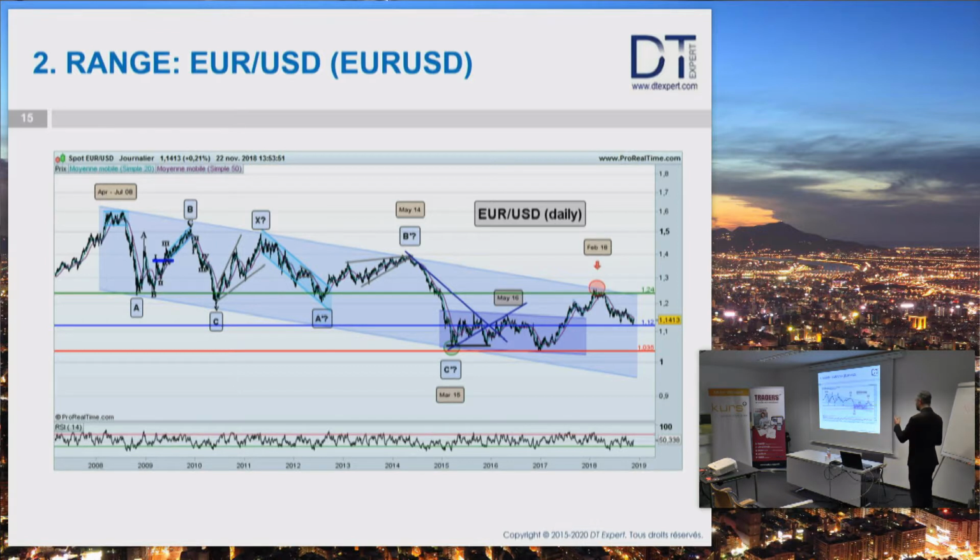And another time, when the euro was going up against the dollar, I was hearing around me, oh, now the Eurodollar is going to 1.4, 1.36 and everything, but the real resistance level was here around 1.25, 1.36, and it stopped exactly there, you see, and then it went down. That means that the channel is working, and obviously, if the channel keeps on working, the next target will be downside and not upside.